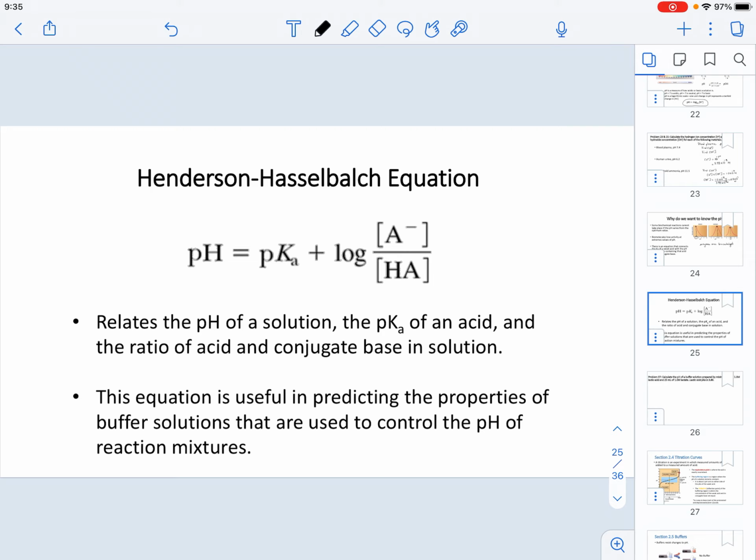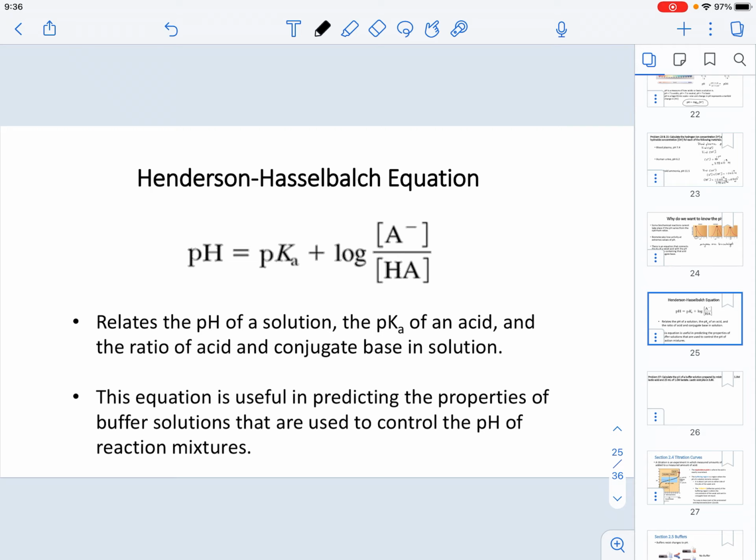As you can see overall in this equation, this mathematical relationship relates the pH of a solution with the pKa of an acid, and it also shows the ratio of acid and conjugate base in the solution.